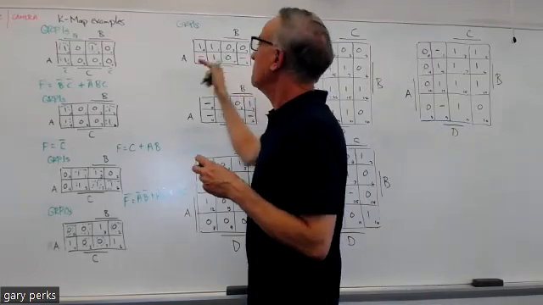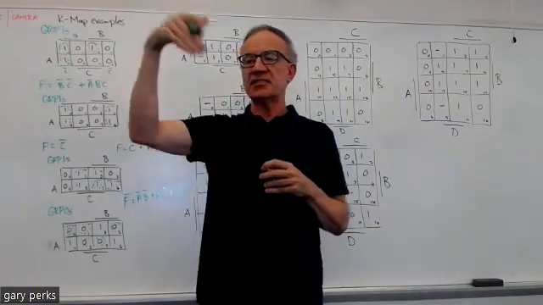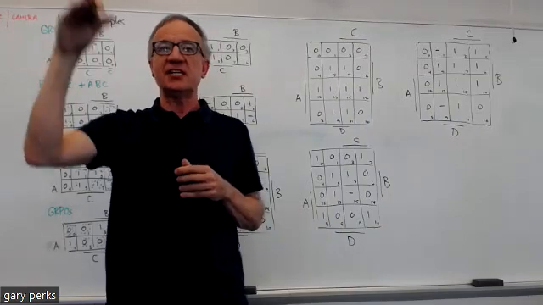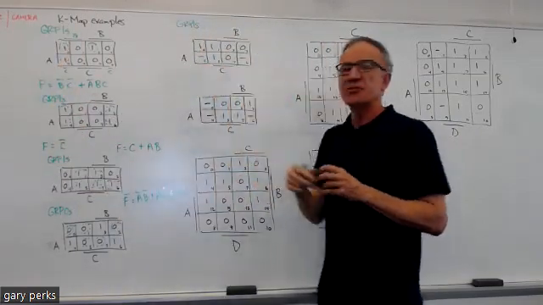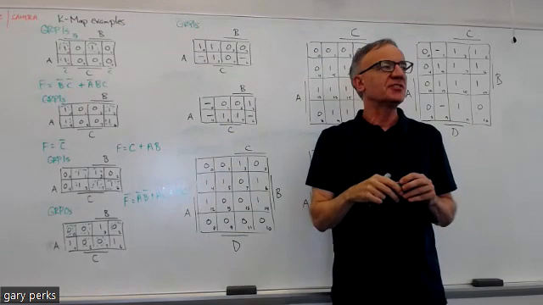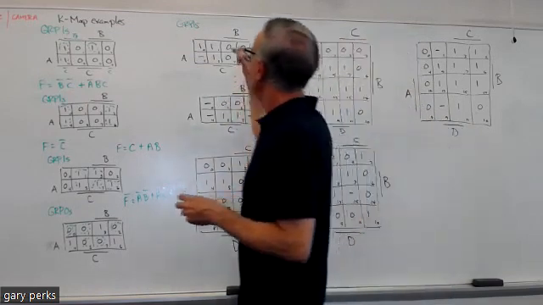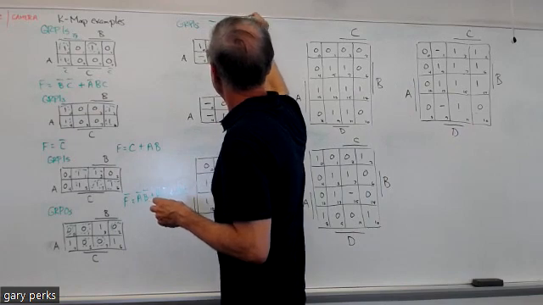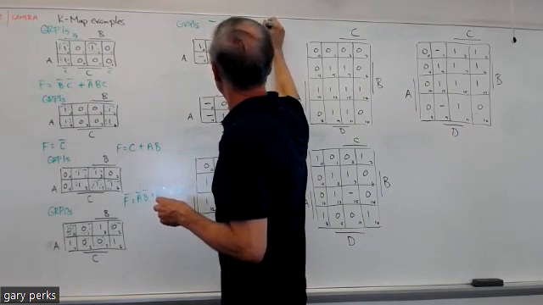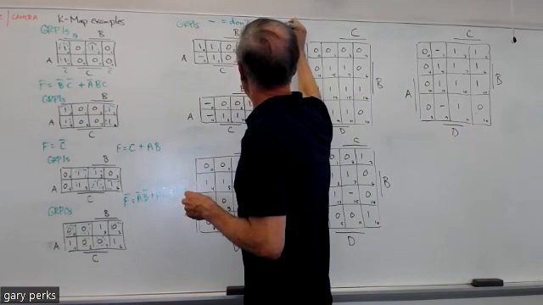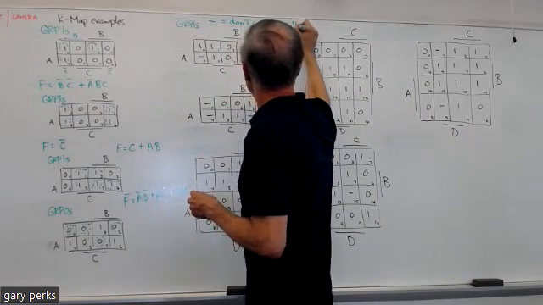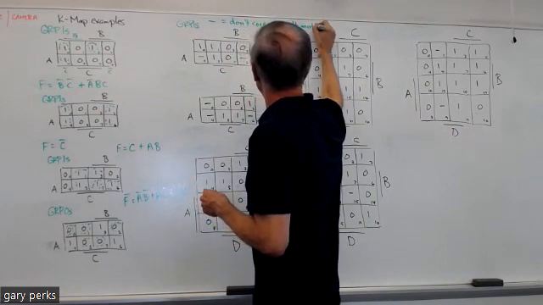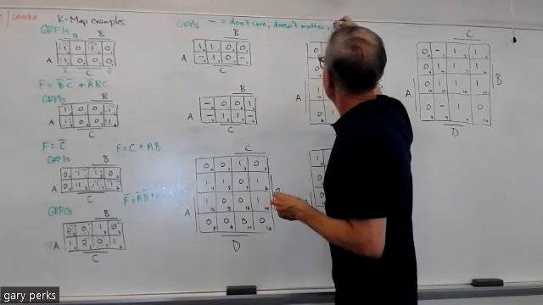Remember, what goes inside the cells of the K-map are the outputs. So we're saying that the outputs for these two inputs are a dash. What a dash means is don't care, doesn't matter, irrelevant.